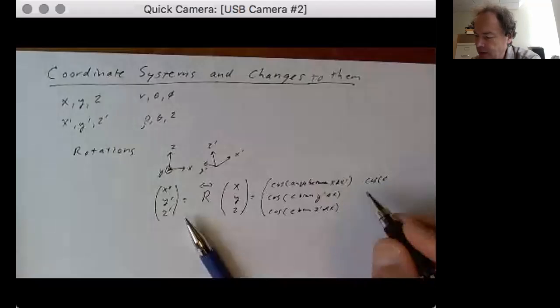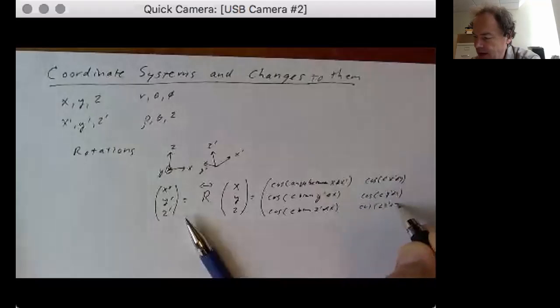So x prime and y, cosine of the angle; y prime and y, cosine of the angle; z prime and y. And over here, the third column, so it's z.